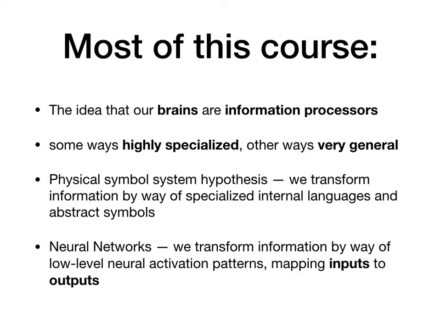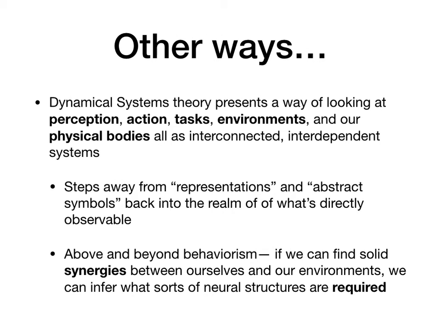These are both valid. They sort of tackle different levels of explanation, right? You could imagine piecing together neural networks to make sense of physical symbol processes, right?